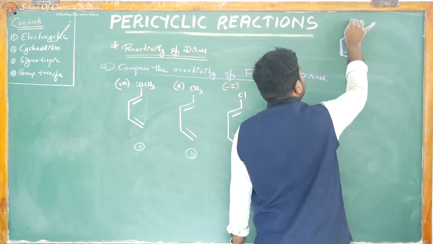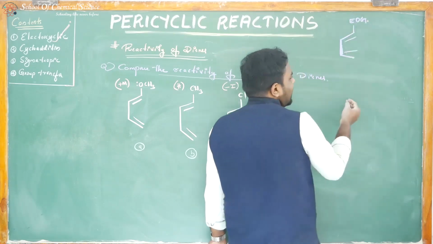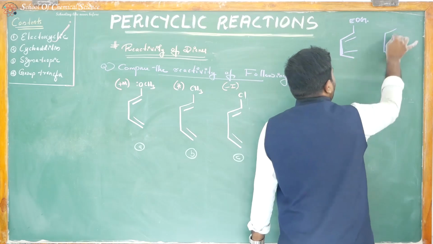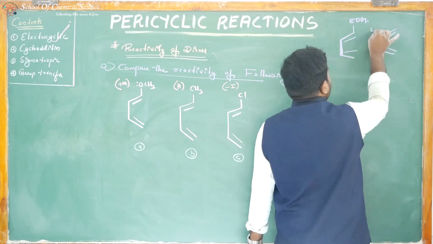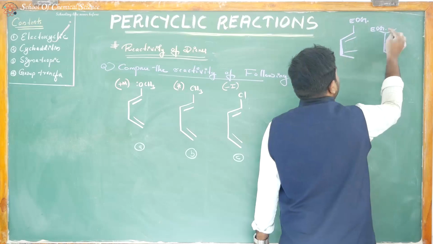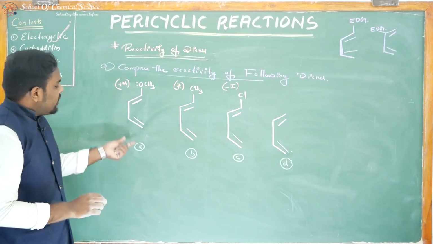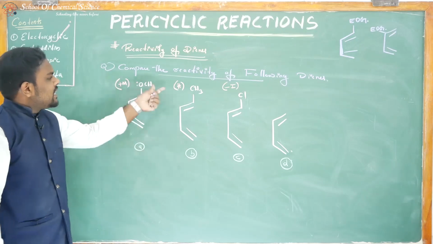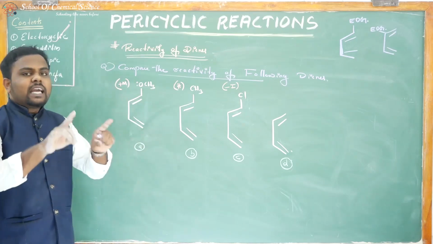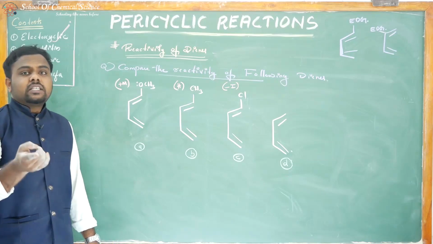I already told you that whenever an electron donating group is present, preferably in the first position, then it will be highly reactive. Whenever an electron donating group is present in the diene, the reactivity of the diene increases. So in the first case and the second case, there are electron donating groups OCH3 and CH3. Which one is the most reactive?